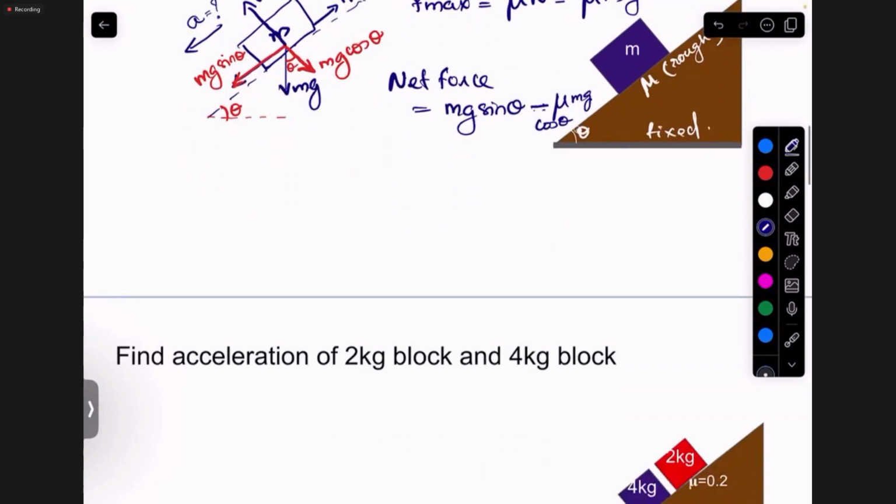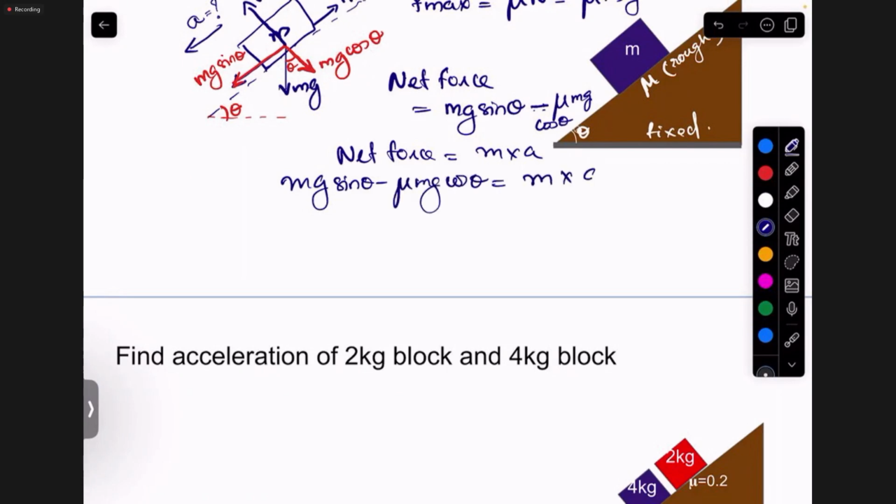So this net force is trying to impart mass times acceleration, right? Net force equals mass times acceleration. Net force is mg sin theta minus mu mg cos theta equal to m times a.